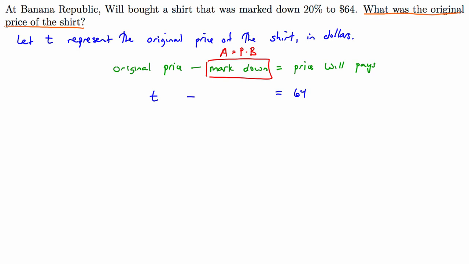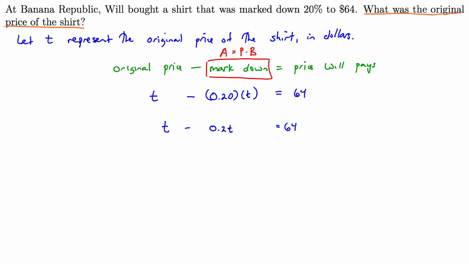So in this particular situation, it was marked down 20%, 0.20, times the original price of the shirt, T. So simplifying this equation, T minus 0.2T equals 64. That represents the original price, the markdown of 20% of the original price, and that the final price is $64.